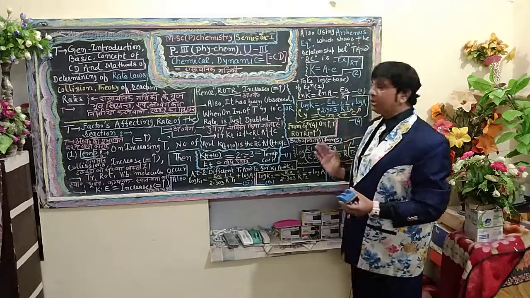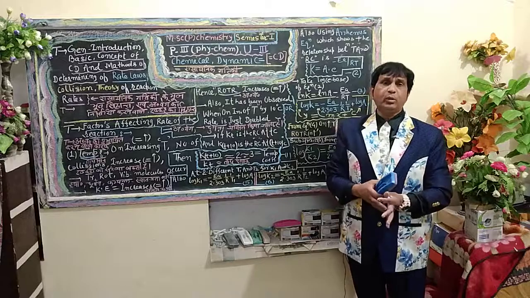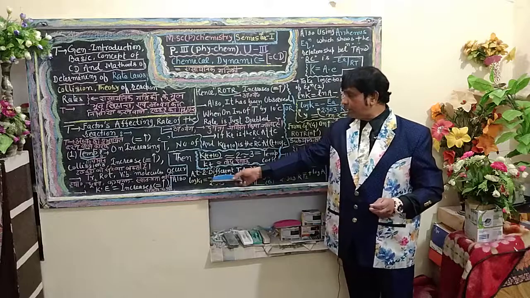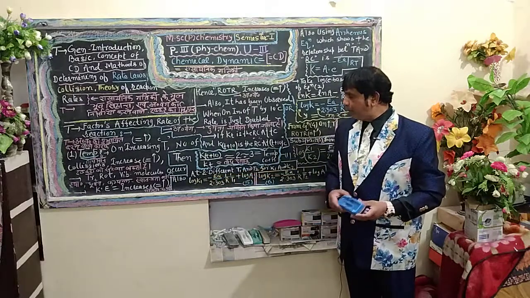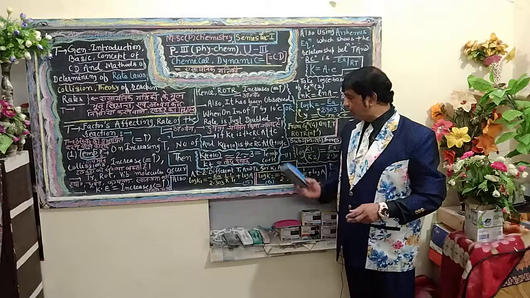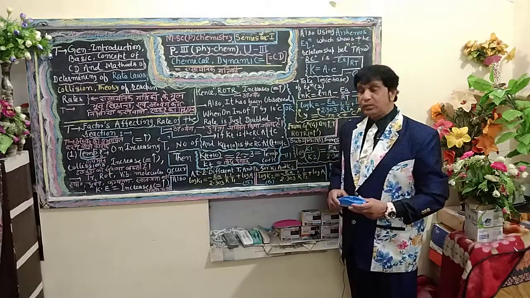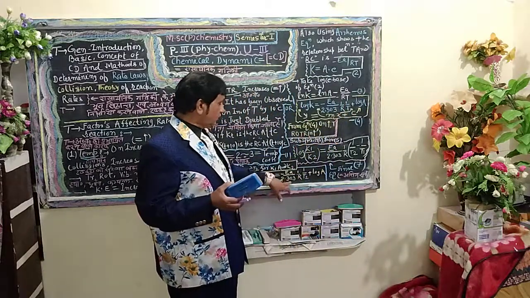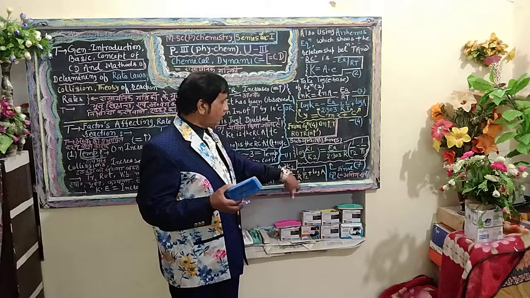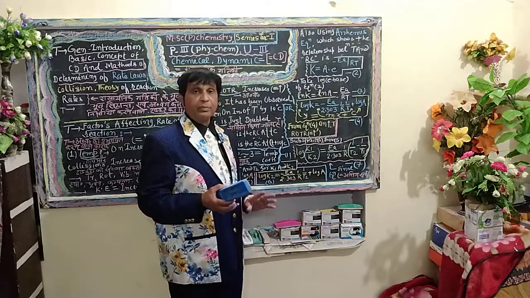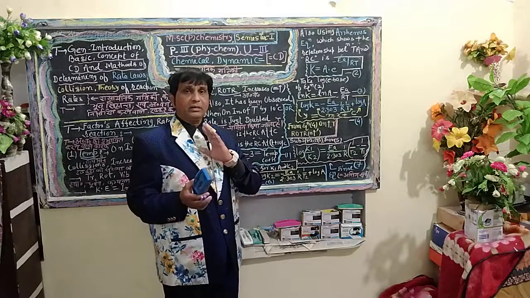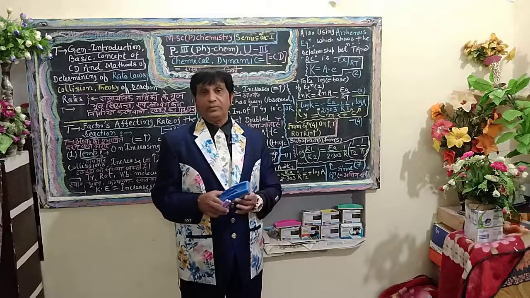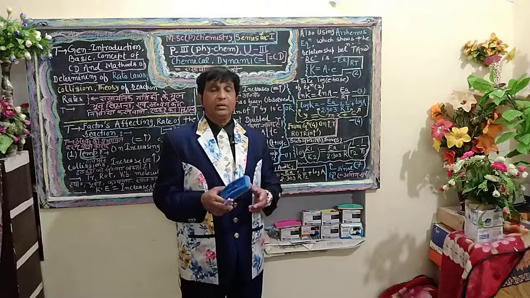Now convert the fundamental equation number 4 to the two temperatures T1 and T2. We have equation number 5, log K1 is equal to minus E upon 2.303 R, into 1 upon T1, plus log A, and for the next temperature T2, equation number 6, log K2 is equal to minus E upon 2.303 R, into 1 upon T2, plus log A. So these were the two fundamental equations concerning the influence of temperature on velocity.